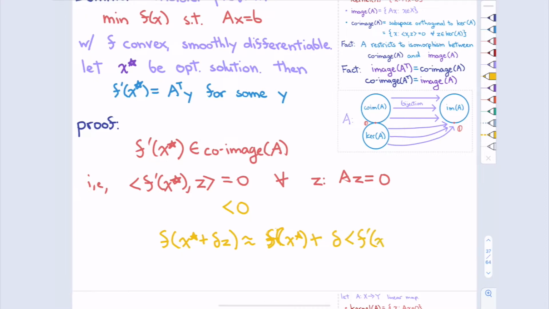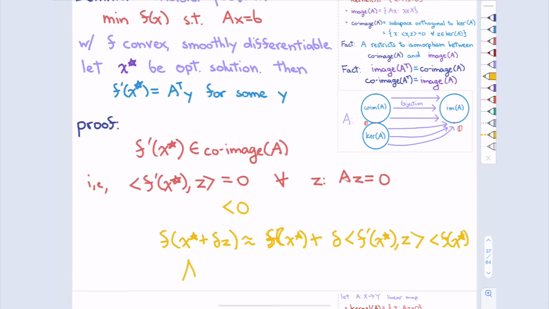Because a gradient tells you what the change in f looks like in that direction. This is just a definition of the gradient, right? So if this was anything, say, less than 0, then for a really small step size, this thing will be less. And you'll be able to improve your solution.